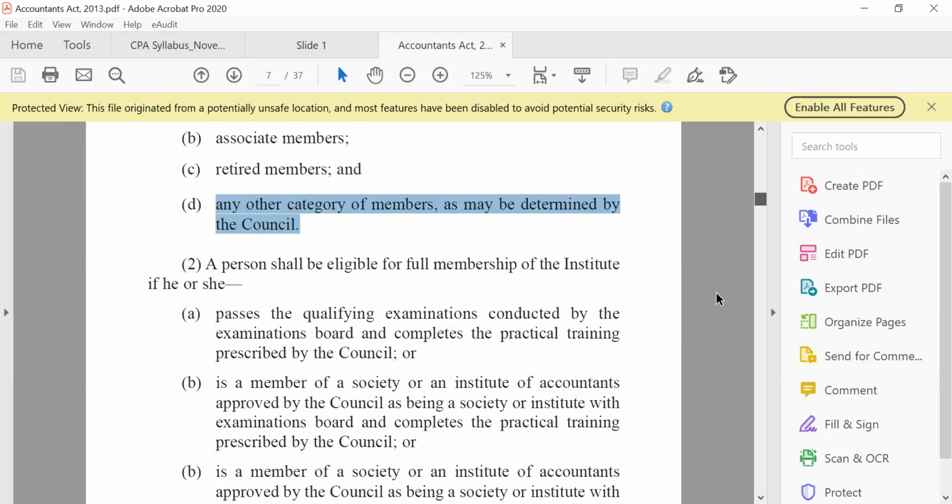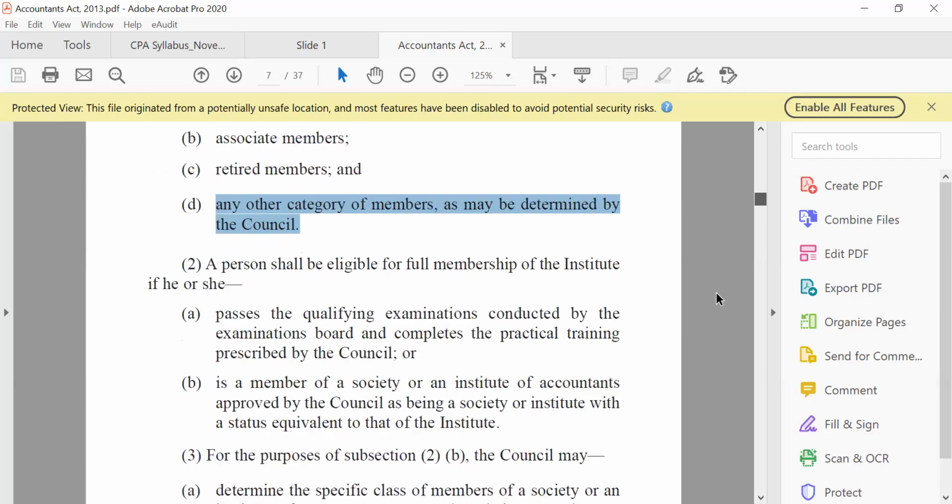The council is a body that is voted by the members. So a person is eligible for membership if they pass the CPA conducted by the examination board and complete the practical training prescribed by the council.